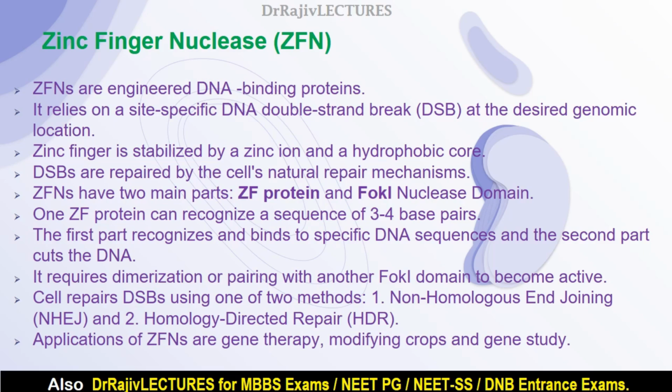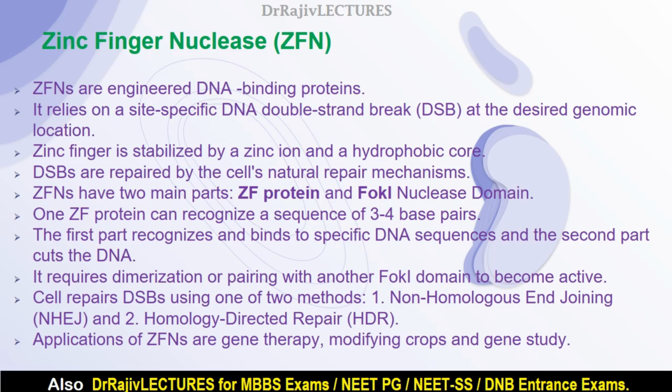Each zinc finger is a domain stabilized by a zinc ion and a hydrophobic core, allowing for specific DNA recognition. They facilitate targeted editing of the genome by creating double-strand breaks in DNA at user-specified locations, which are then repaired by the cell's natural repair mechanism, leading to targeted changes in the genome.